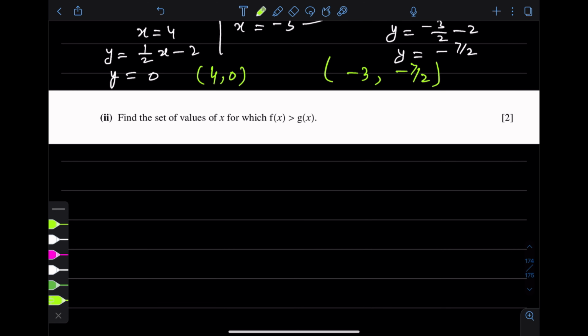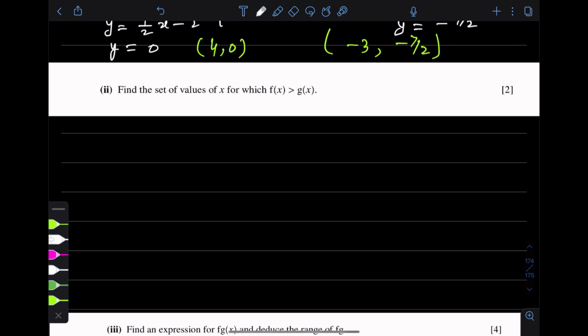Next part of this question is find the set of values of x for which f(x) is greater than g(x). Set of values means we have to give the answer in inequality. f(x) is 1 over 2x minus 2. g(x) is 4 plus x minus 1 over 2x square.